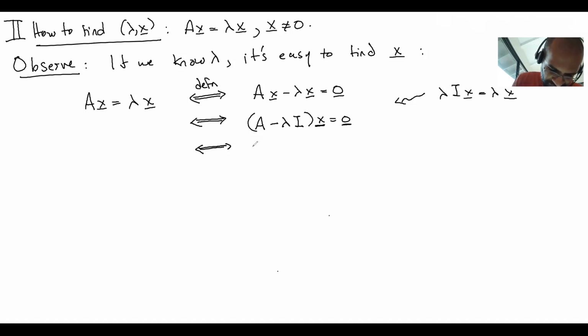Okay, so this is equivalent to saying that x is in the null space of A minus lambda I. So A minus lambda I is a shift of A, right? By a multiple of the identity. Now, if I gave you lambda, how would you solve this last problem?